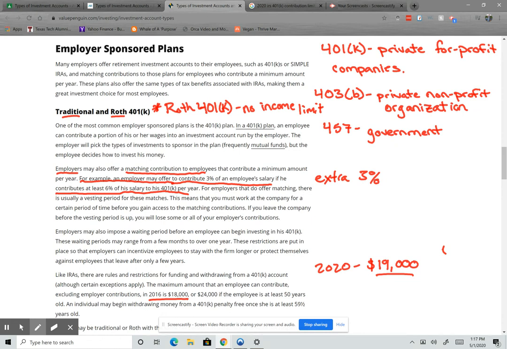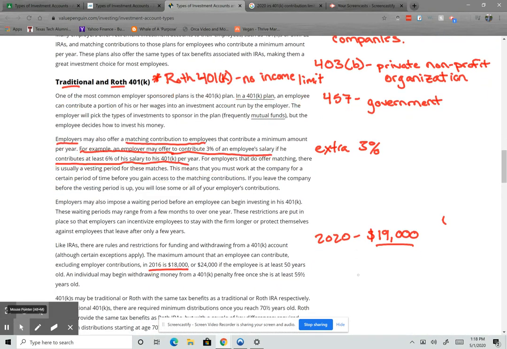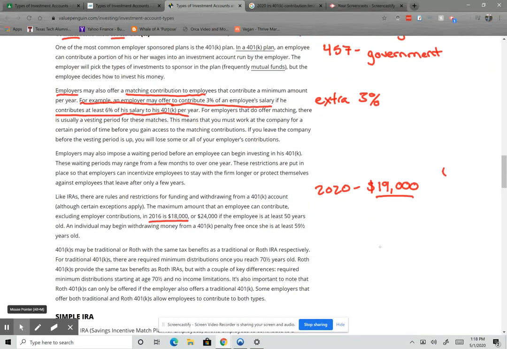But really, that's kind of like a 3% boost in your salary. And by choosing not to contribute, you're saying to your employer, hey, don't worry, I don't need that 3% extra money, right? You need to contribute. Don't leave money on the table. Okay, so 401k offers employer matching.